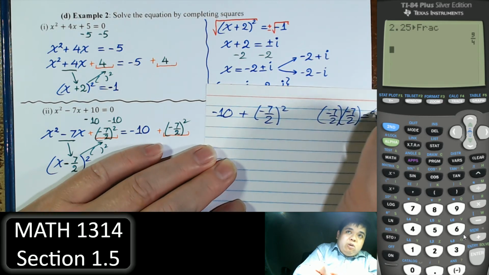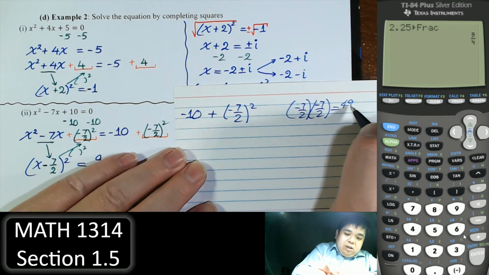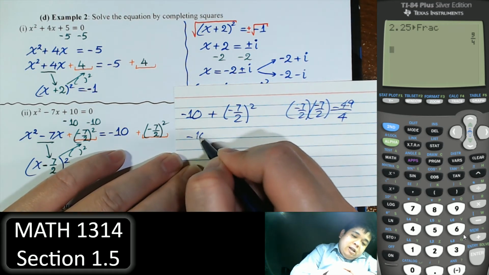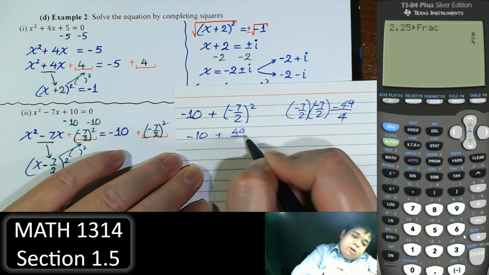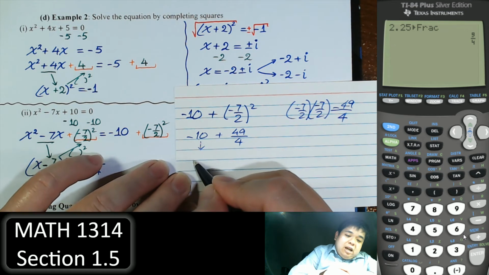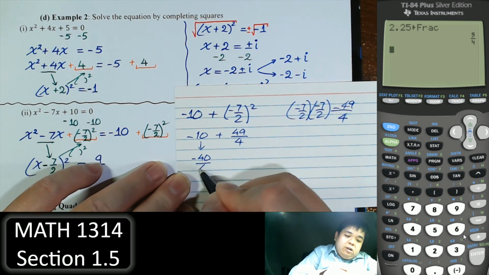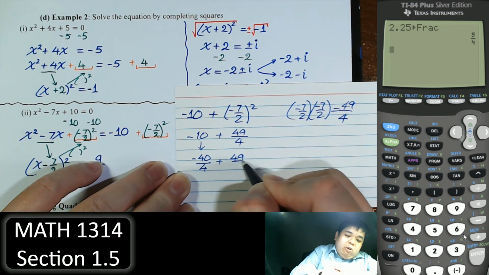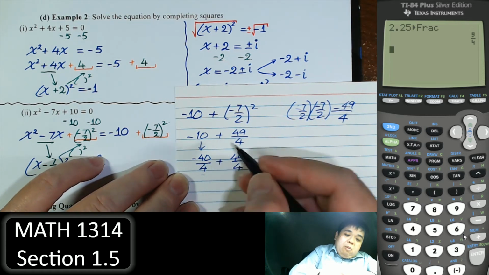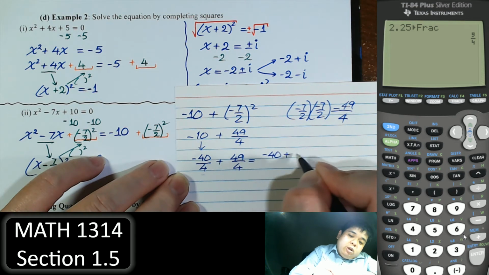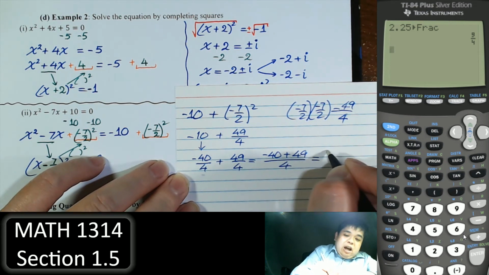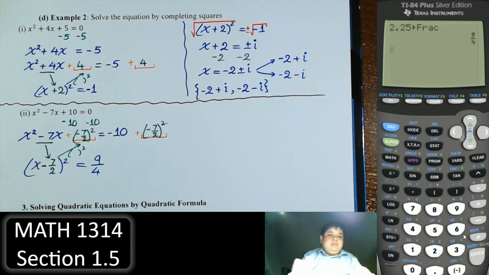Square across, 49 over 4. So negative 10 plus 49 over 4. Now, common denominator: negative 10 is negative 40 over 4, and 49 over 4. Now both of them have the common denominator of 4. Combine the top, negative 40 plus 49, divided by 4. So that gives us 9 over 4. Of course, that's what we have.